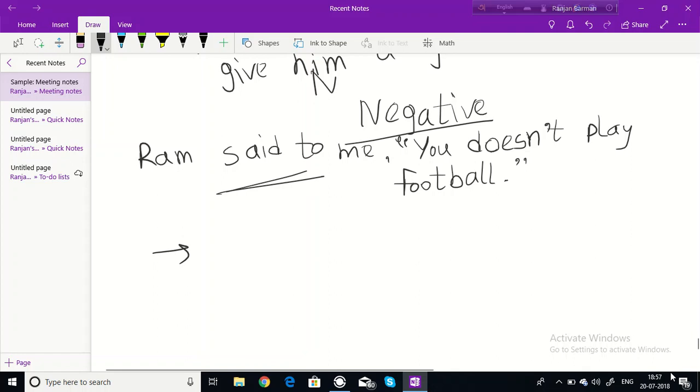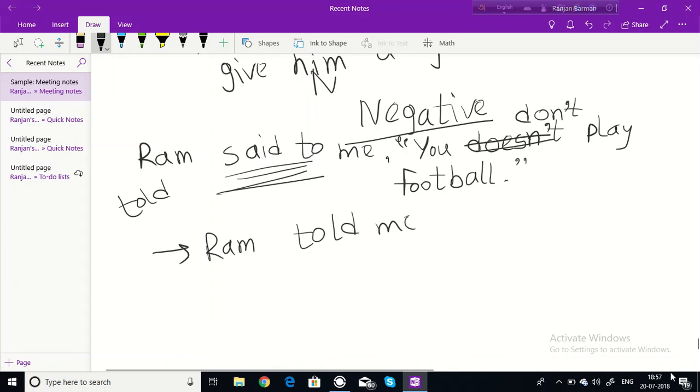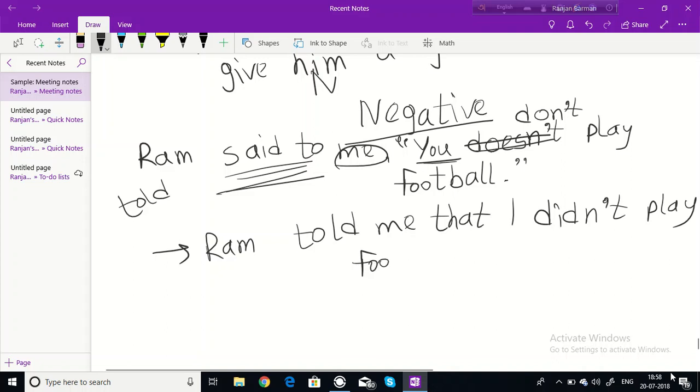I think you should write you don't. Yes, and in the place of said to we write told, and in the place of you this means me. And it is the same as we are writing for assertive.